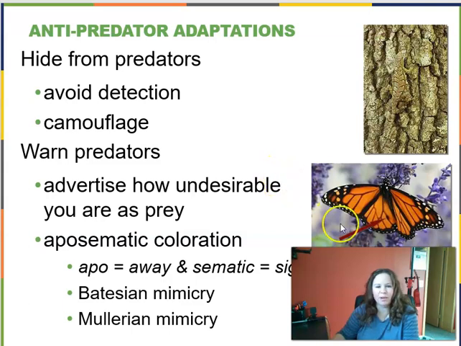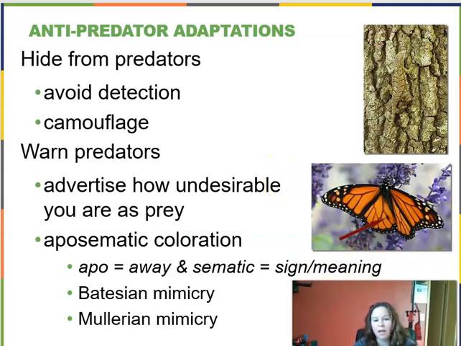Some other anti-predator adaptations include hiding from predators to avoid detection and having really good camouflage. If you can see this lizard on the bark here, he's using that. Warning predators like the monarch here. And there's aposematic coloration. Apo means away. Somatic means a sign.